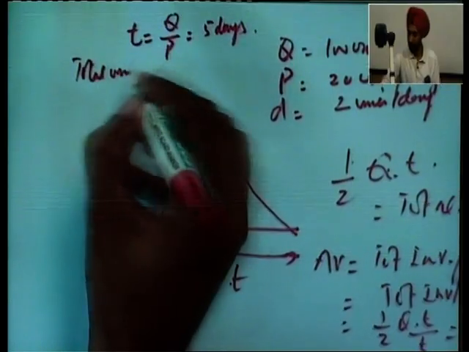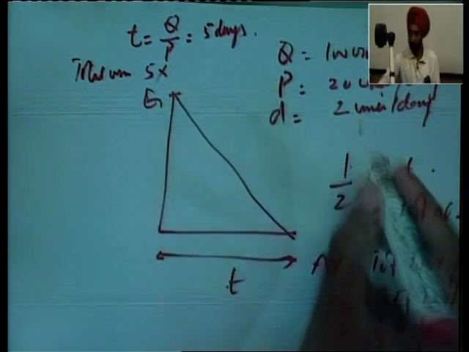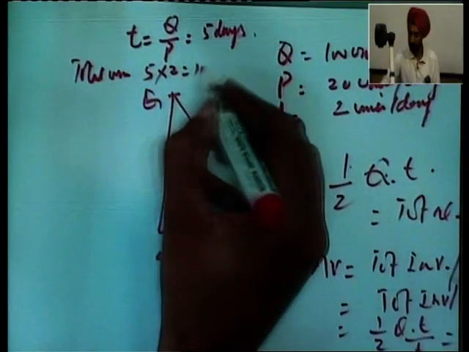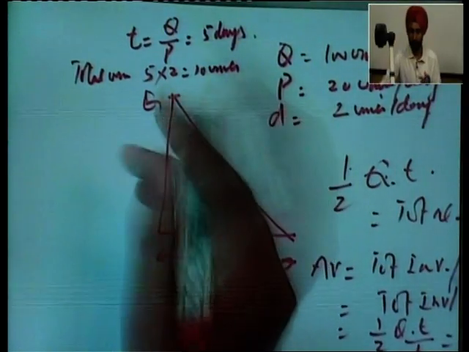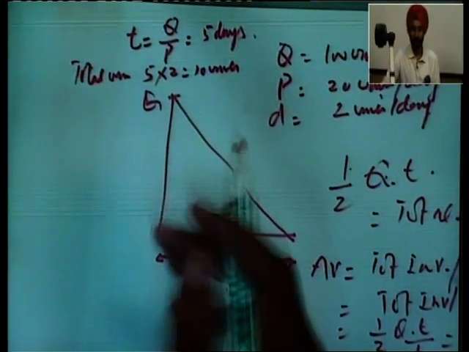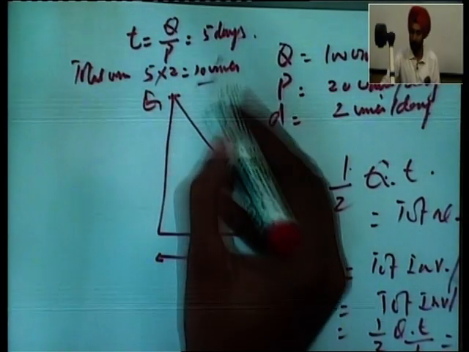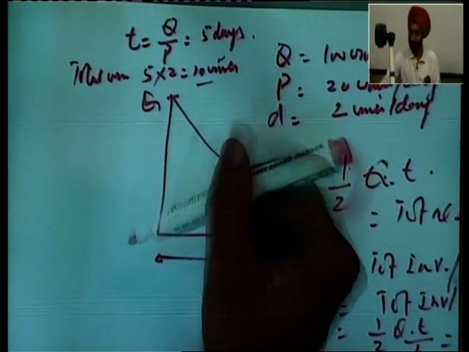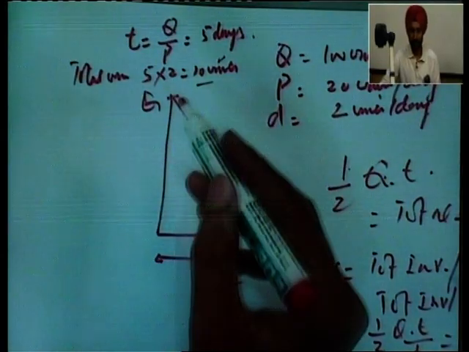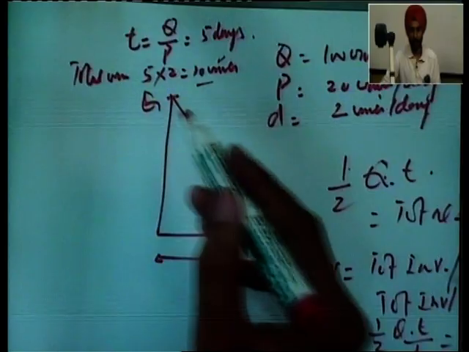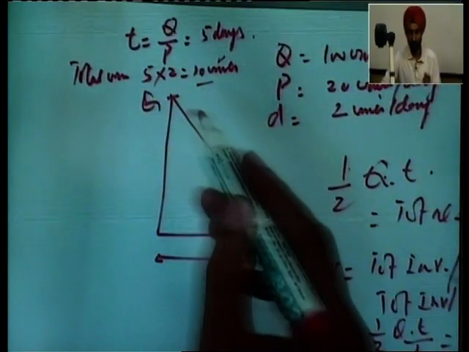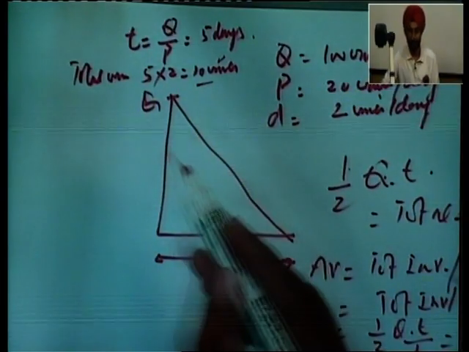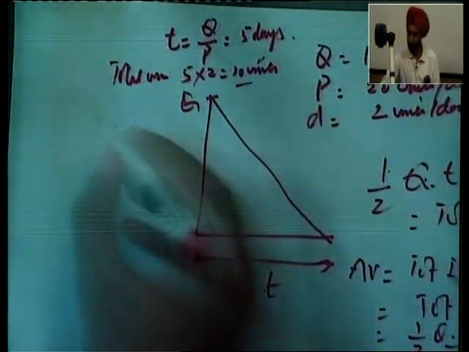Total usage will be 5, daily I am using 2 units, 10 units. मीन जे मैं 5 दिन ਦੇ ਵਿੱਚ 100 यूनिट रिसीव ਕੀਤੇ ਤੇ ਉਹਨਾਂ 5 ਦਿਨਾਂ ਦੇ ਵਿੱਚ ਮੈਂ 10 यूनिट कंज्यूम भी कर ले. In that sense, I would like to mention here that our maximum inventory on the 5th day will not be 100, but it will be less than 100, that is 90 units. Okay.